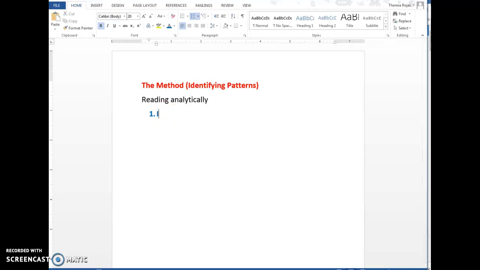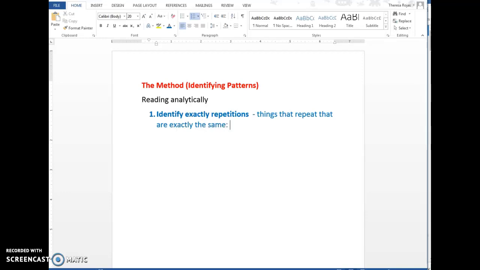So the first one is to identify exact repetitions. And if you aren't already doing so, you should absolutely take notes. So identifying things that repeat that are exactly the same.